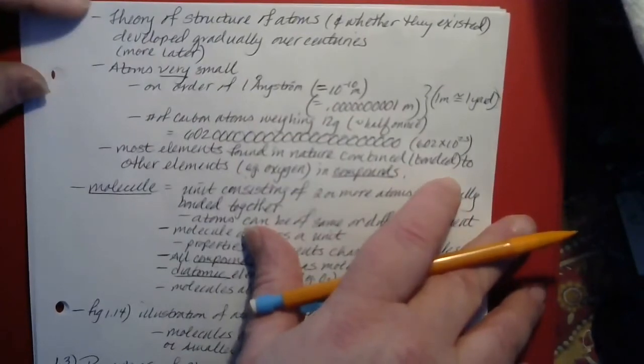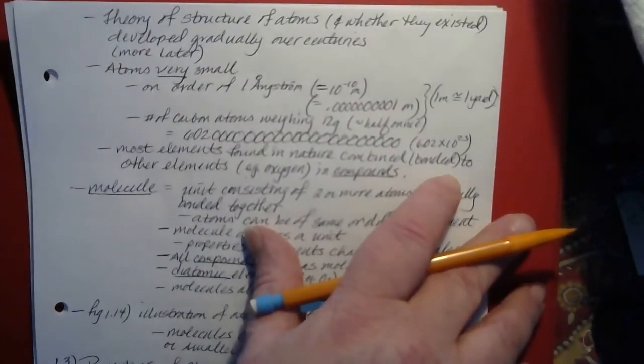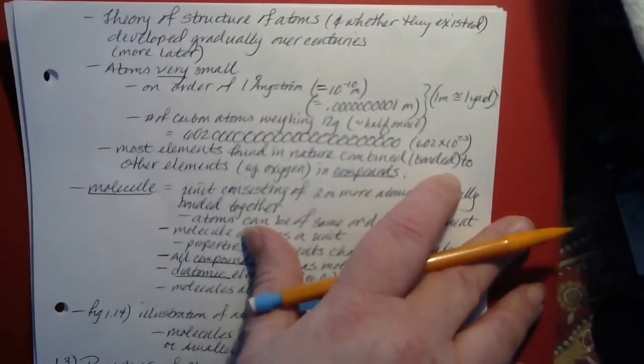The first real scientific theory postulating the existence of atoms and what they were like was developed by John Dalton around 1800, a little over 200 years ago. And the theory of atoms has developed from there.